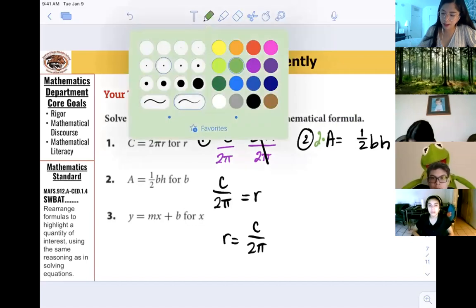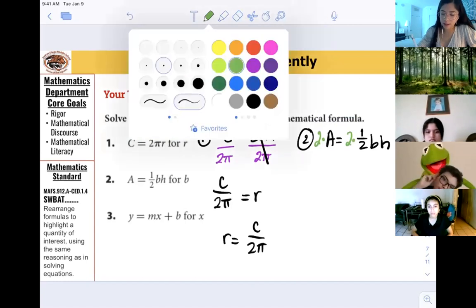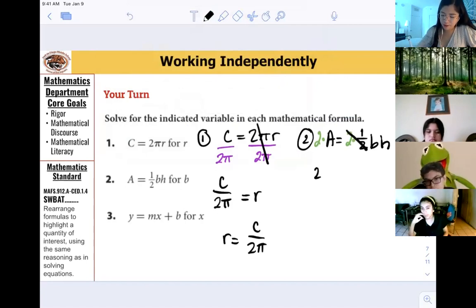So I'm going to multiply by 2 on the left and on the right. And since I'm doing it on the right, this eliminates my fraction, because what is 2 times 1/2? 1. So this basically turns it into a 1. On the left, now I have 2a, and on the right, I have bh.